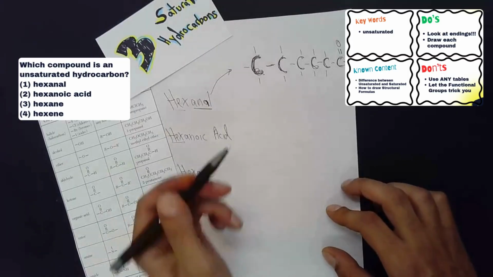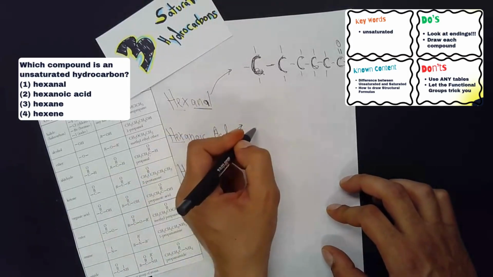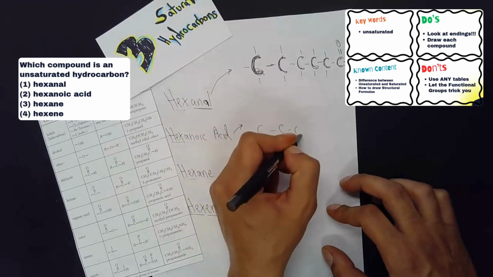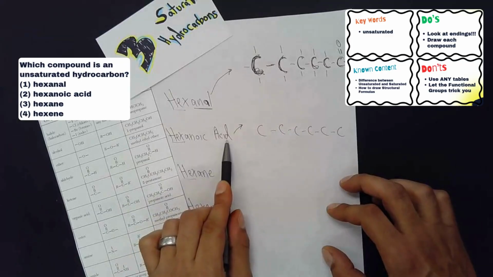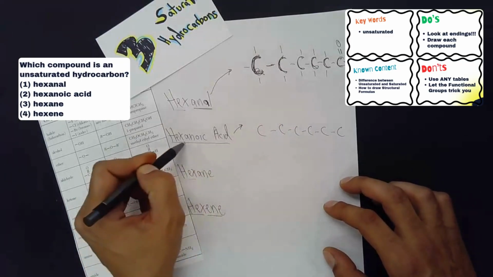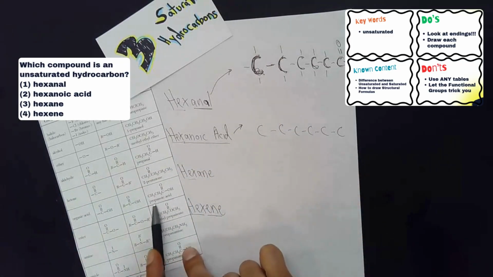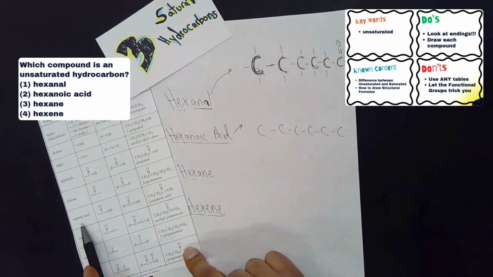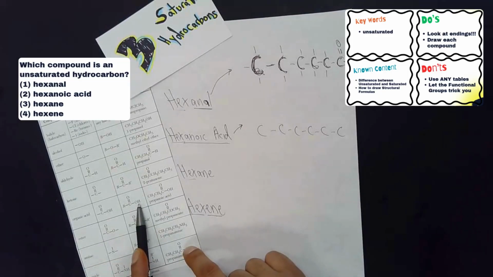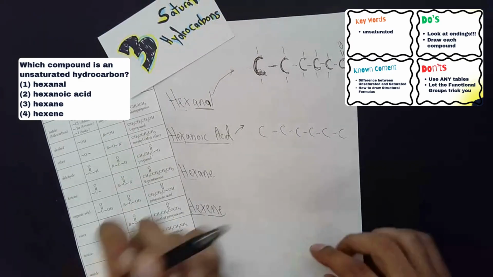For the next one, again, we have 6 carbons. 1, 2, 3, 4, 5, 6. Anoic acid is our ending, and as we can see from here, anoic acid is an organic acid. And organic acids have a hydroxide group hanging off of that last carbon, and that last carbon is a carbonyl.